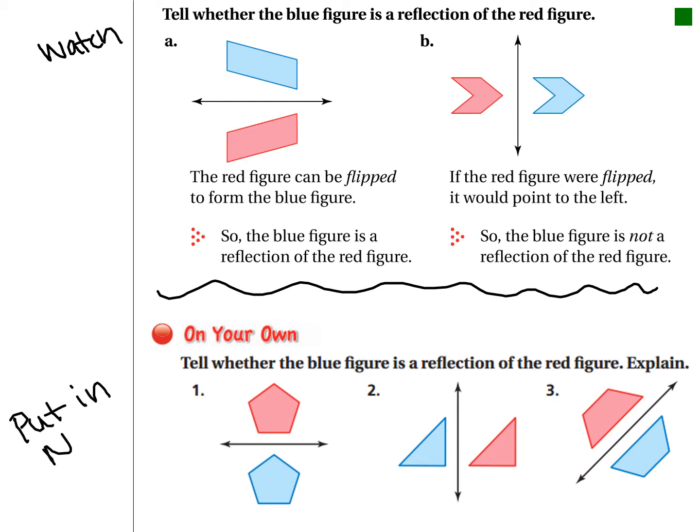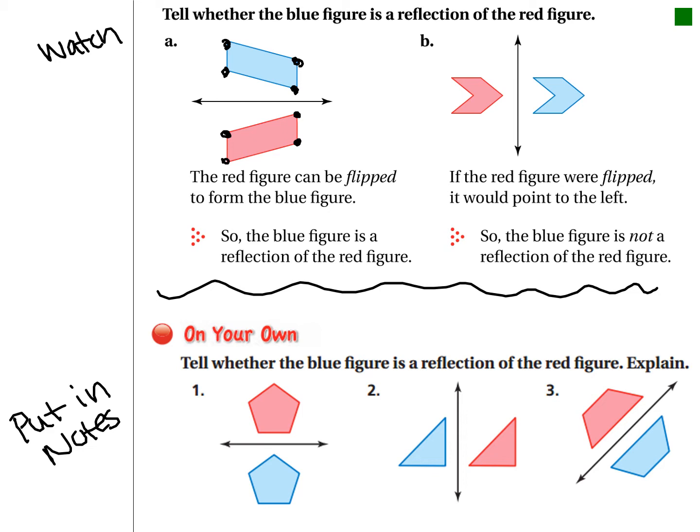All right, just looking at A, if we could fold the screen on this line right here, would our vertices match up if we flipped it? So far, I am seeing that they would match up. Therefore, it is a reflection of the red figure.